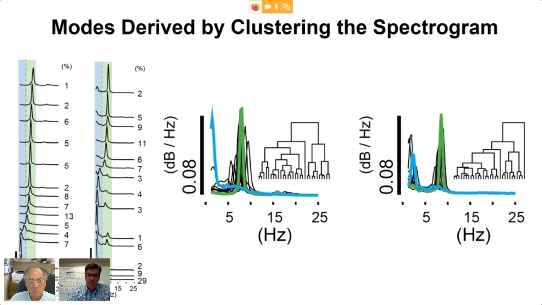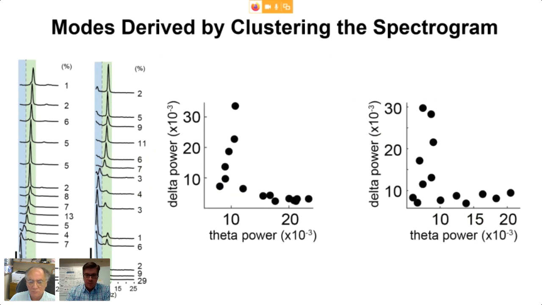I plotted those on top of each other here on the right. But now, from those different modes that were given to me simply naively by clustering the spectrogram, I get measures that I can make for the different frequency bands.